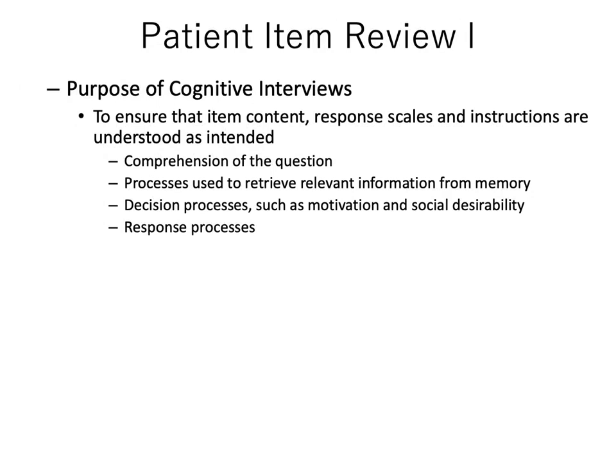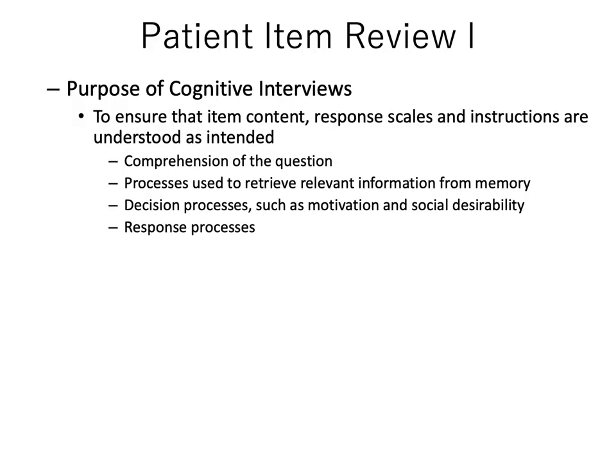In addition to expert review of the items, it's also very important to put these items back in front of patients so that they can ensure that the content, the response scales, and the instructions are understood as intended. This is done for item comprehension, to make sure that we have a better understanding about what processes they use to retrieve the information or make decisions, the influences of social desirability, and also to see why they choose certain responses.